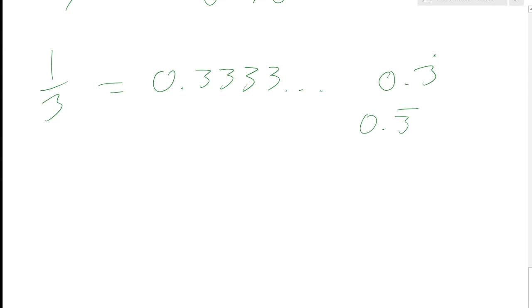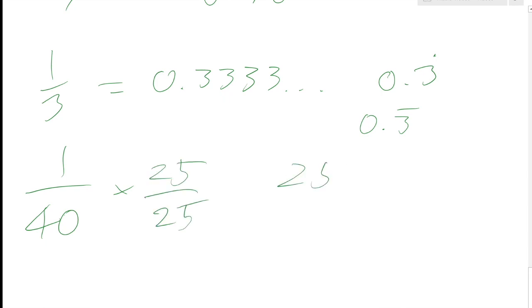Only difference is if it's a power of 2 or 5 or some combination, which basically means that there is some number that you can multiply to get it over a power of 10. Example, 1 over 40, if we were to multiply that by 25 over 25, you'd get that as 25 over 1000.